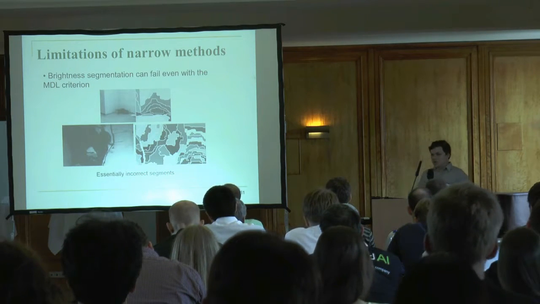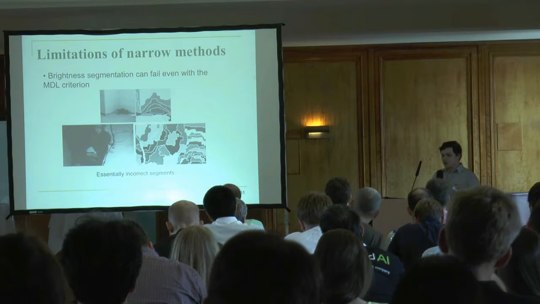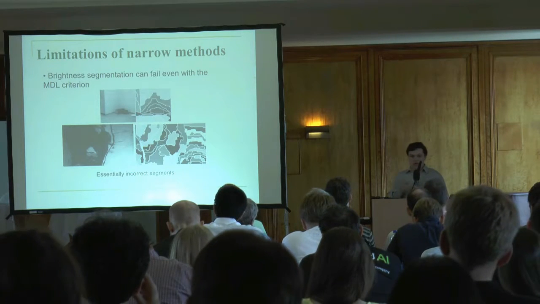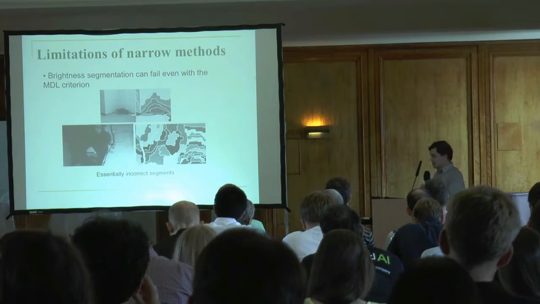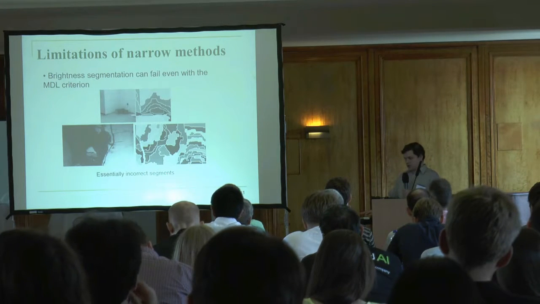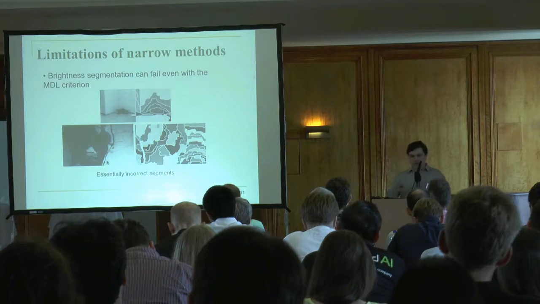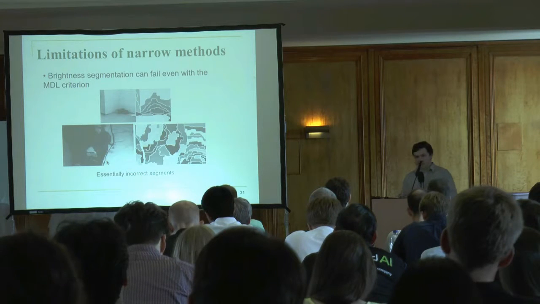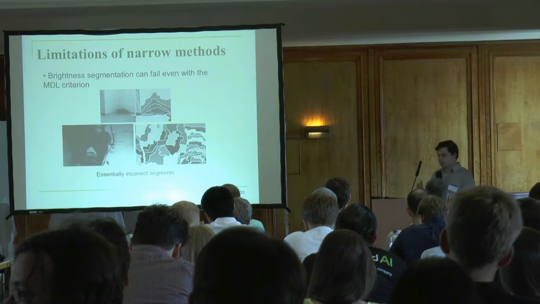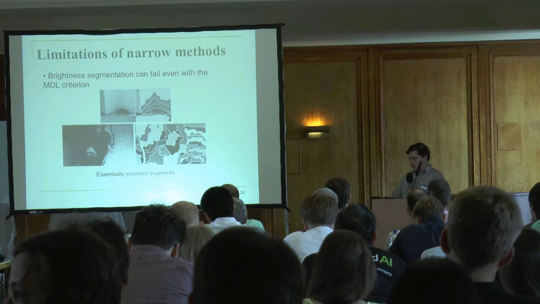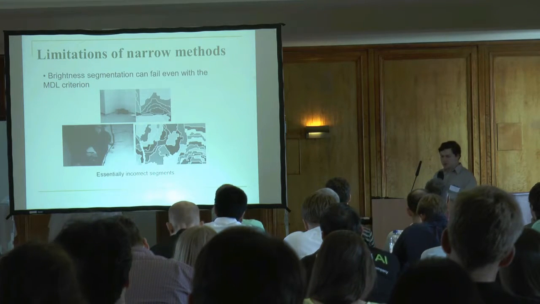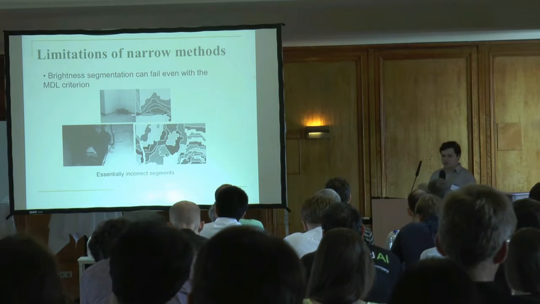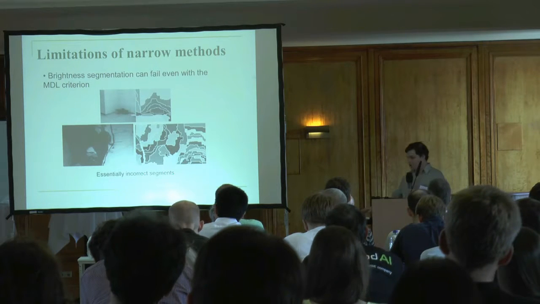And even if we use information theoretic methods for constructing structural descriptions, then we will encounter some cases in which they don't work. For example, if we consider images which have smooth gradients and apply the methods which I briefly described, then we will get segmentation results like this. So these are essentially incorrect segments on images.